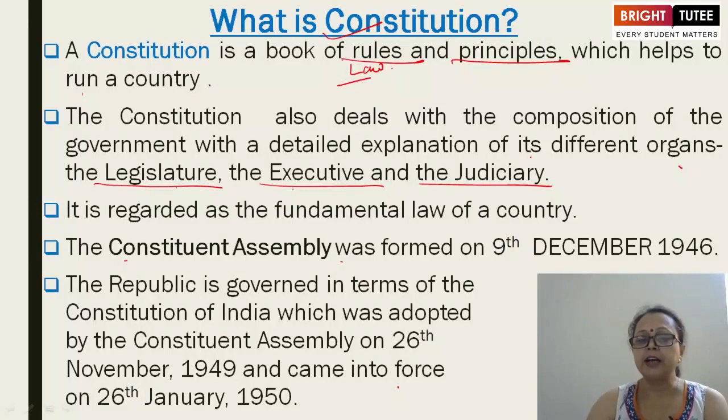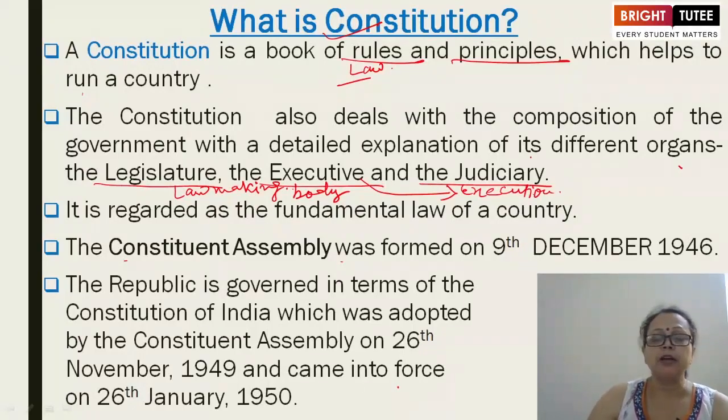Legislature is the law-making body of our country. Executive is the body that, after the law making is done, carries out the work. Execution of the laws is done by the executive.